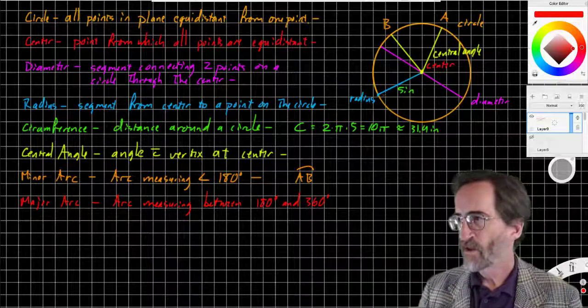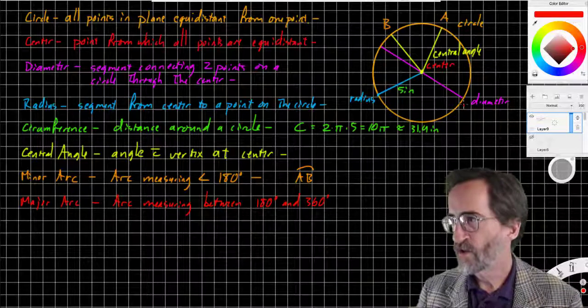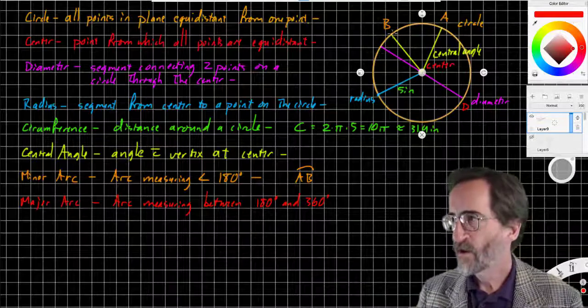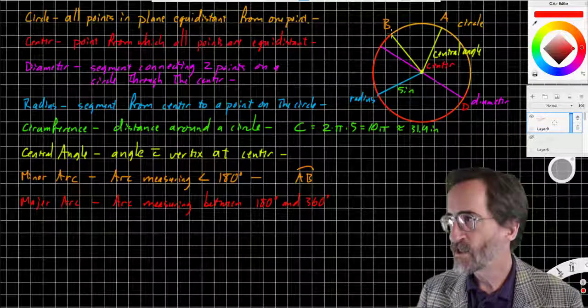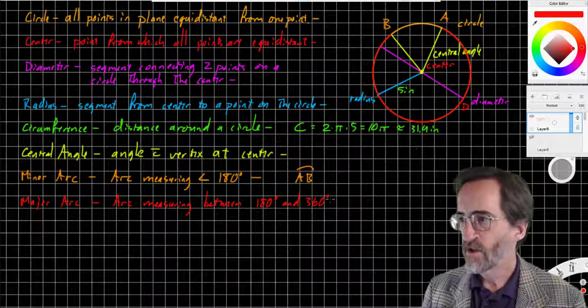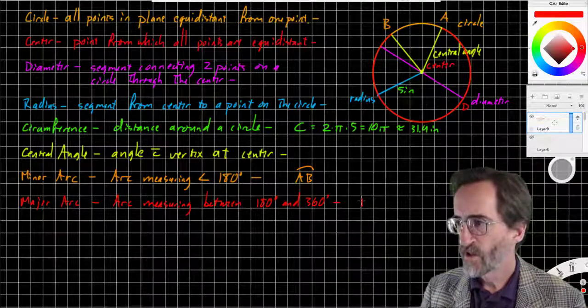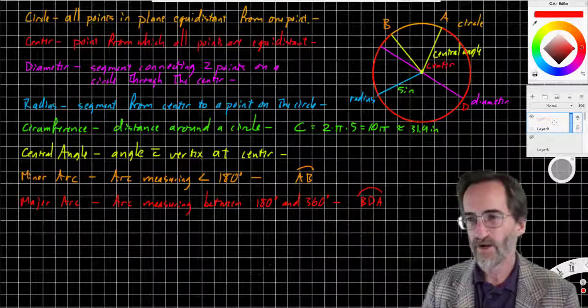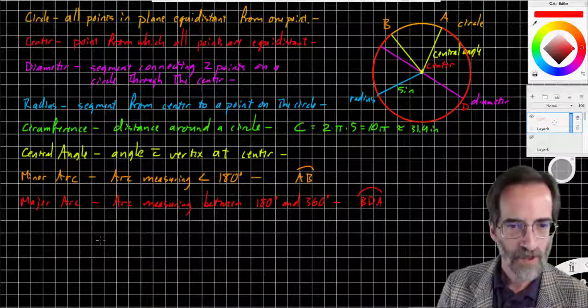Okay, so let's call this point D. Then arc BDA is a major arc. And note that you have to have 3 letters to name a major arc, because we have to specify go the long way around the circle.